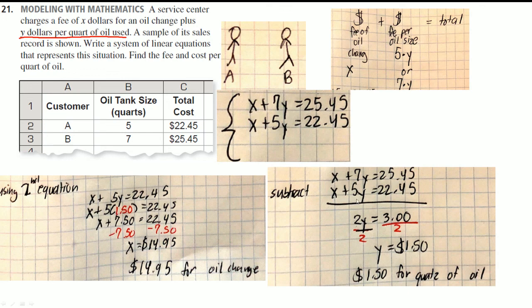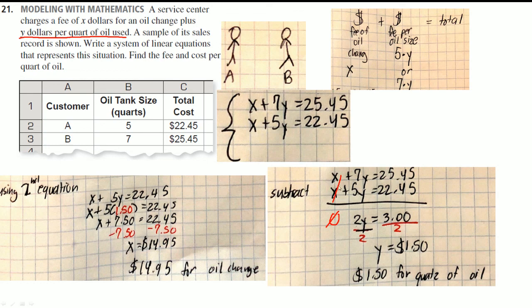So watch, once I subtract it, this cancels out. This becomes 0. This gets subtracted, so it becomes 2y. If I wrote it the other way as 5y and 7y, you see how I would end up with a negative 2y in the end? I would just have to end up dealing with negatives. I didn't want that, so I just wrote it. Commutative property, you could write equations in top or bottom. In systems, you could write it in any order.